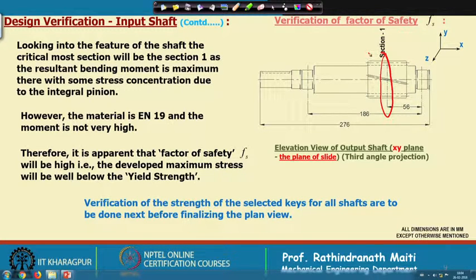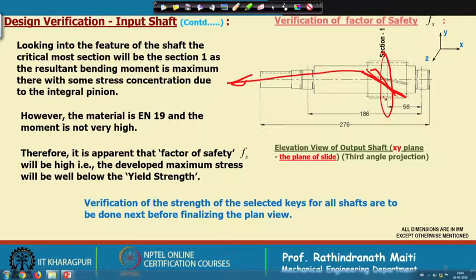As we go towards the right hand side or towards the left hand side, the moment decreases from that value. However, the torque is somewhat like this, it is starting from here to here and then going like this. So, torque will be there from this point to this point.